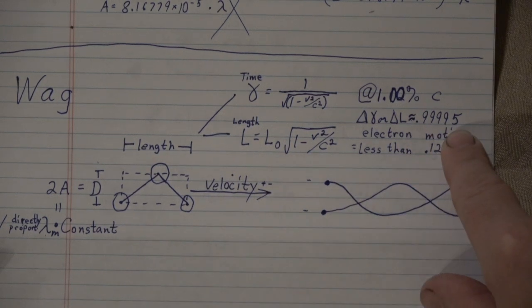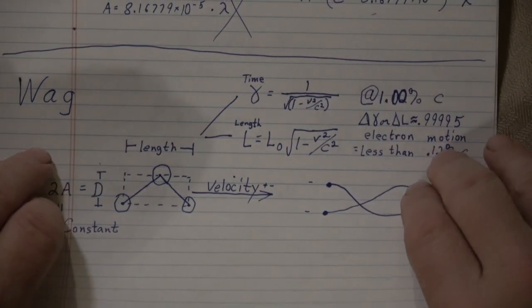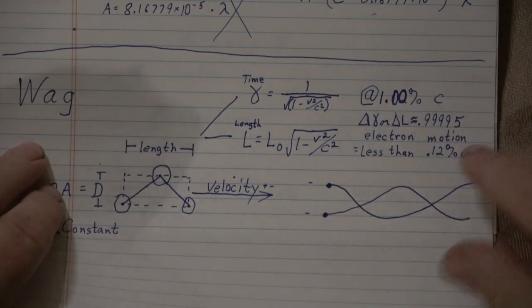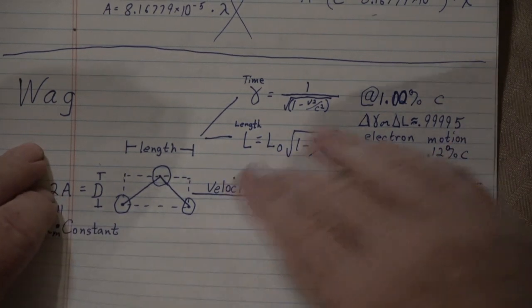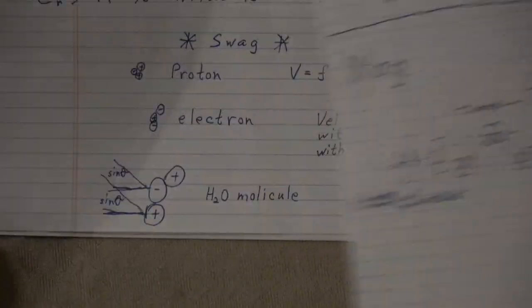We're not even close to 1% on that. So we're actually 0.12%, and that's quite a bit less than this. So Einstein's theory of relativity, we don't really have to worry about any special math.